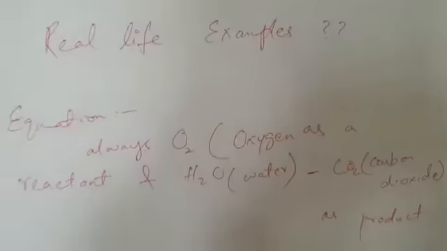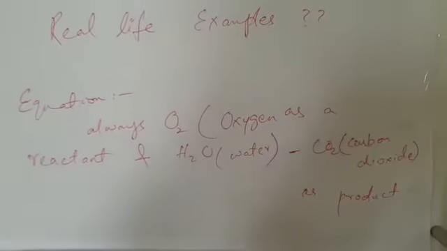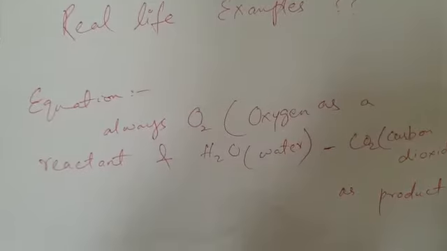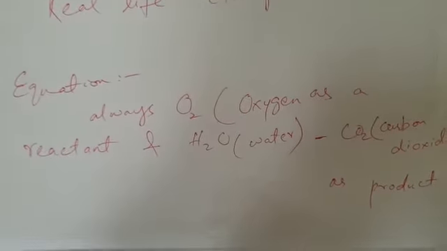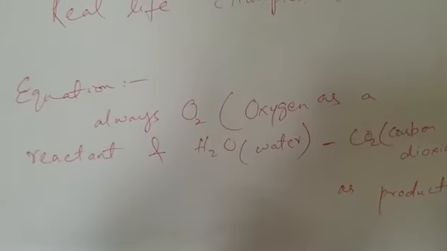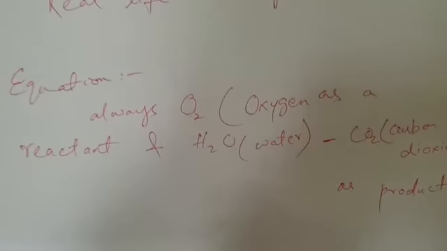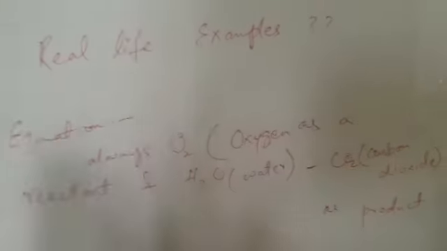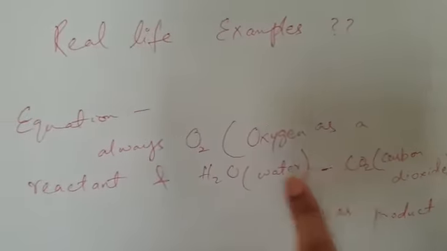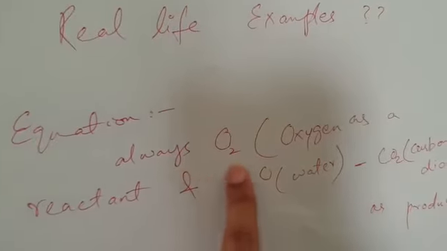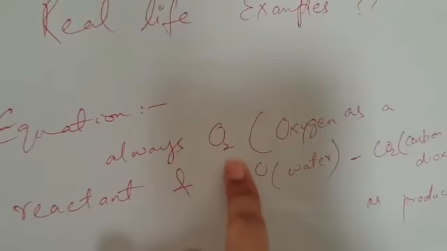As we move towards the chemical equation, we know very well how to write a chemical equation because last week we did a lot of them. We know that the left side is always the reactant, and the other side you always have the product. So in the reactant you always have oxygen.